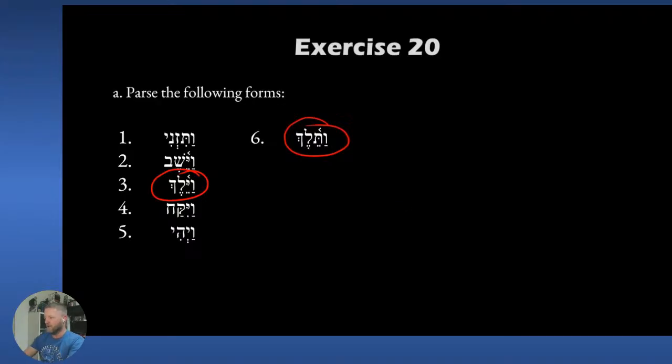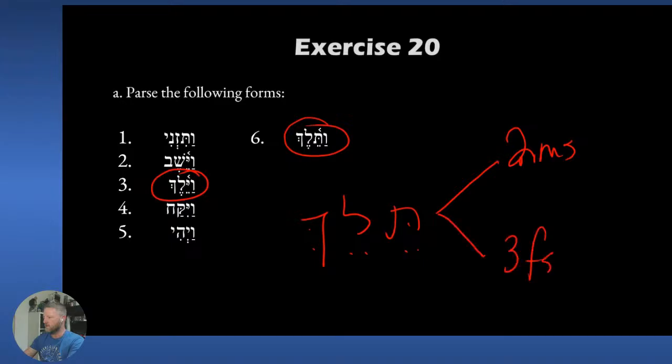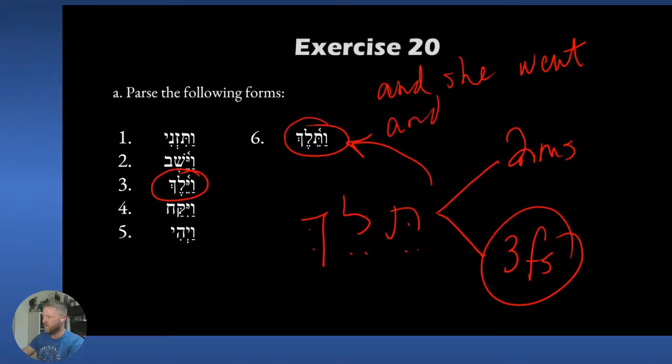You can remember that the telech can be either second masculine singular or third feminine singular. So the same thing, vatelech can mean and she went, with the third feminine singular, or and you went. You masculine singular.